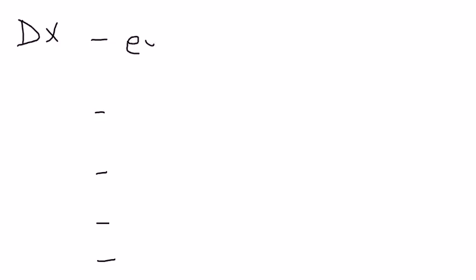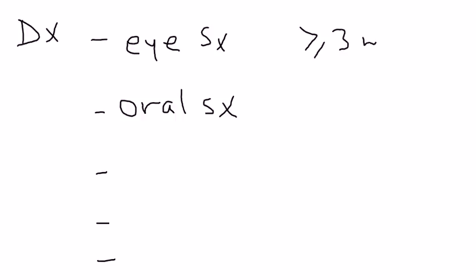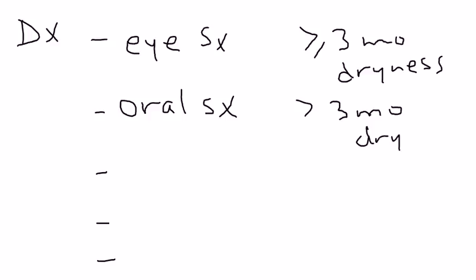So you have eye symptoms and oral symptoms, and they usually just use an estimate of greater than 3 months of chronic dry eyes. But of course, that by itself doesn't mean you have Sjögren's, but it's part of the diagnostic workup. Oral symptoms, same kind of thing, greater than 3 months of dry mouth will help lead toward a diagnosis.